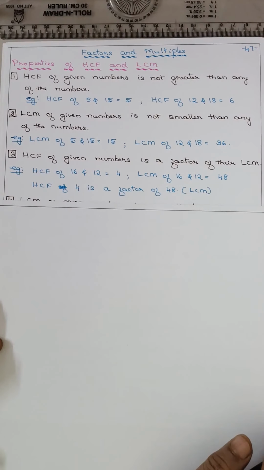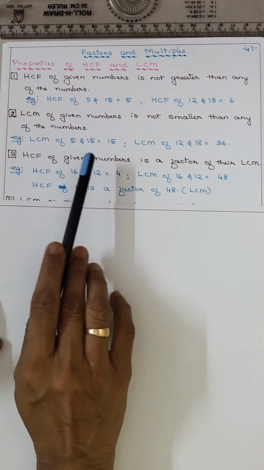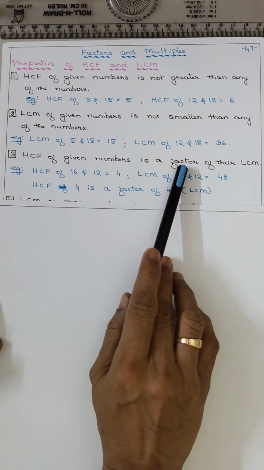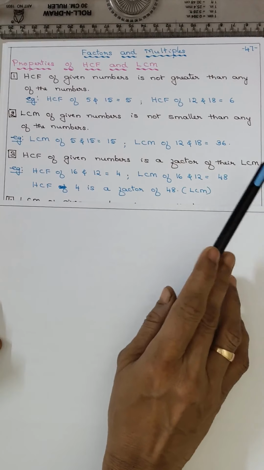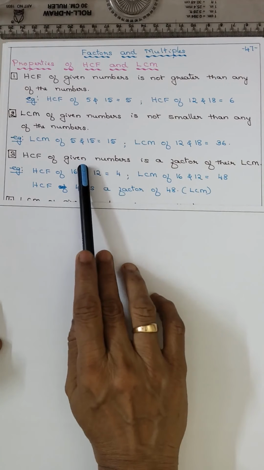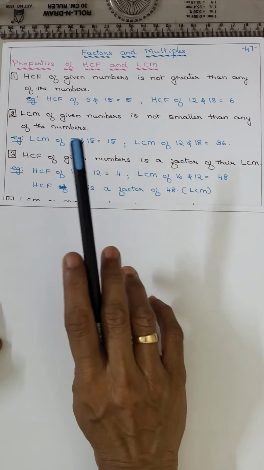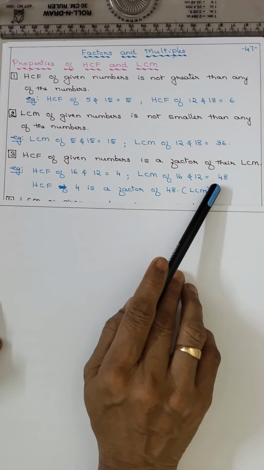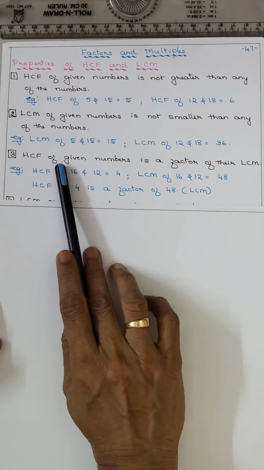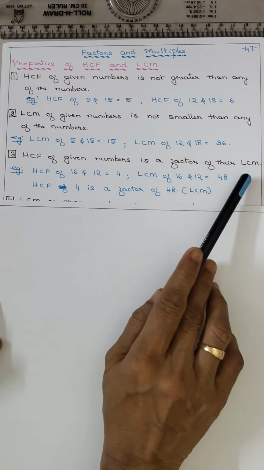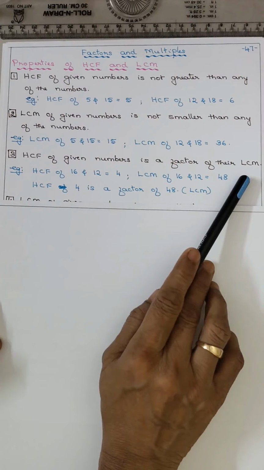Now, the third property: HCF of given numbers is a factor of their LCM. If you find out the HCF and the LCM of the given numbers, you will see that HCF is always a factor of the LCM.